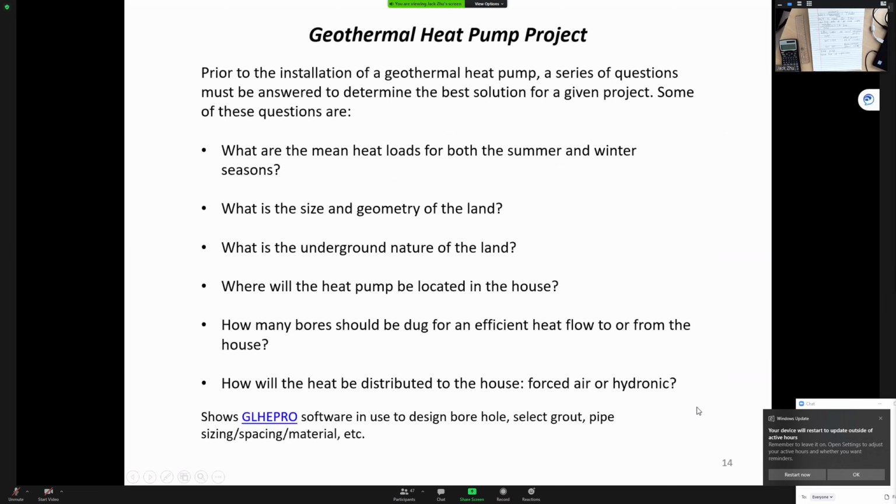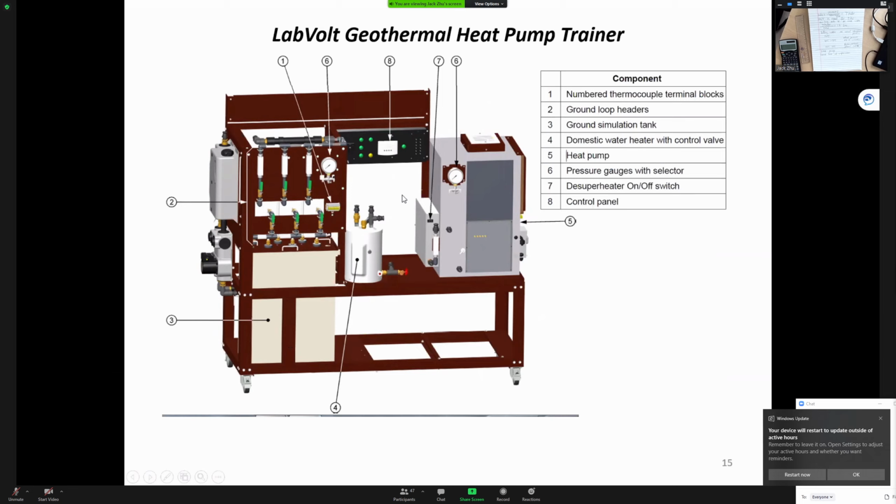Here is one of the lab equipment we had. It's for the geothermal heat pump. Here's your heat pump, and here's a bunch of pipe circulation, meters. Because we have to use it inside the lab, we cannot actually drill holes down to the floor.